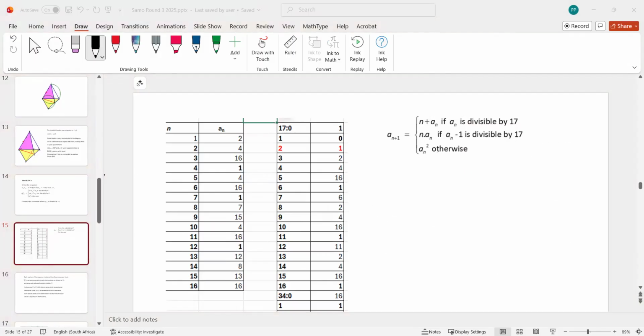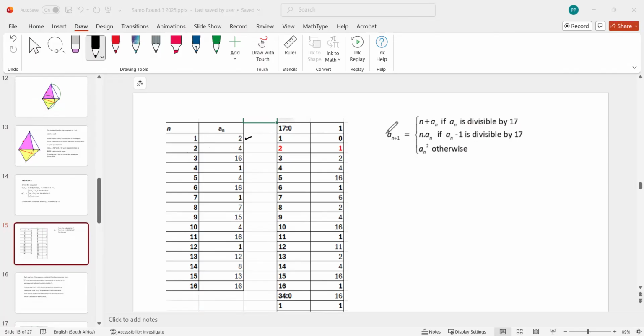I'll put it right at the corner, and I've calculated for n and a_n. So when n was 1, a_1, it was given that it's 2. Right. So this is given. Let's just look at the first few to see how this table was constructed.